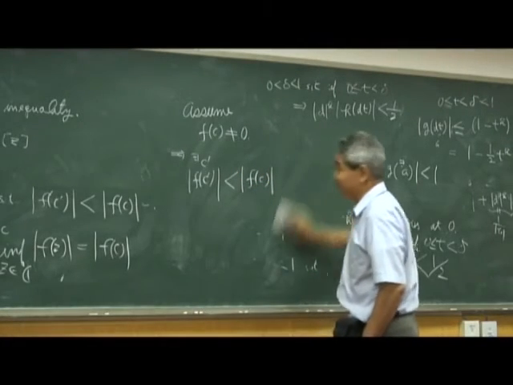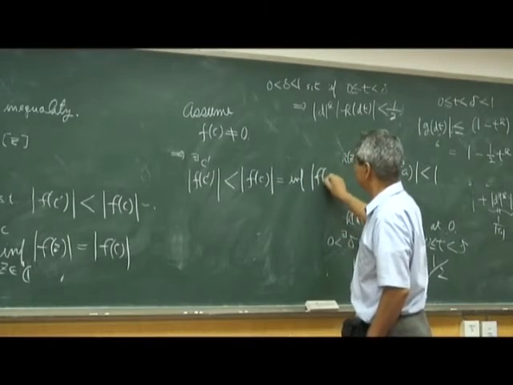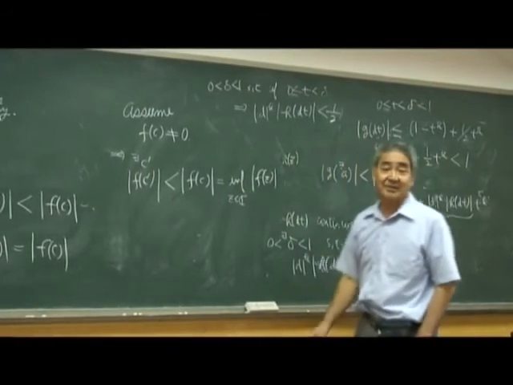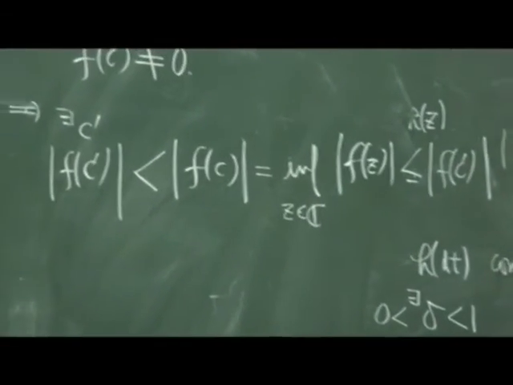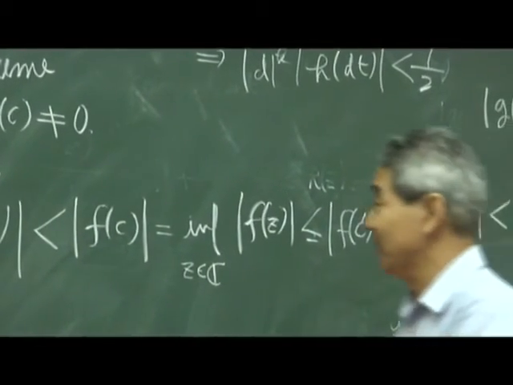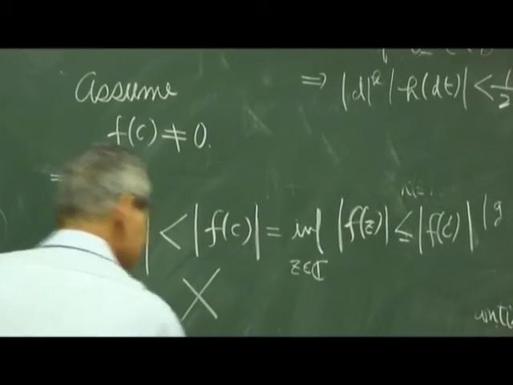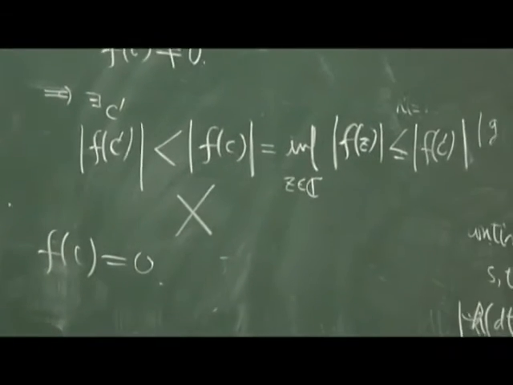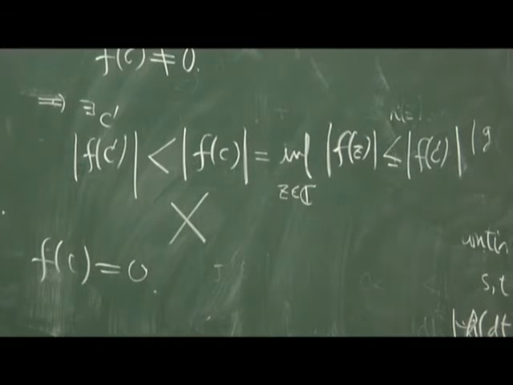But this is a contradiction, because this is the infimum. So the only possibility is Fc should be 0. Therefore, we can find a zero of the polynomial. So this is the proof.